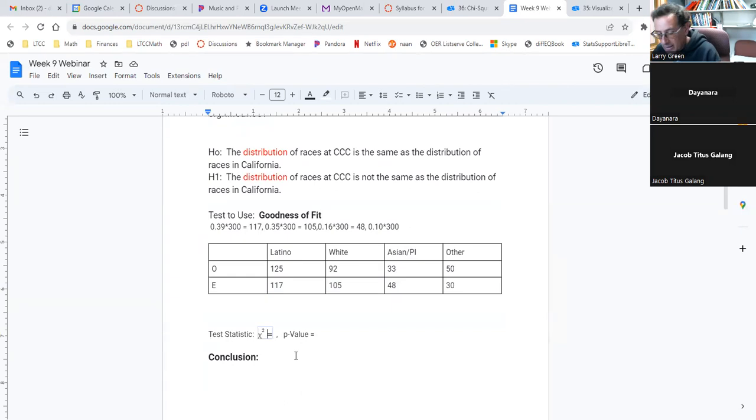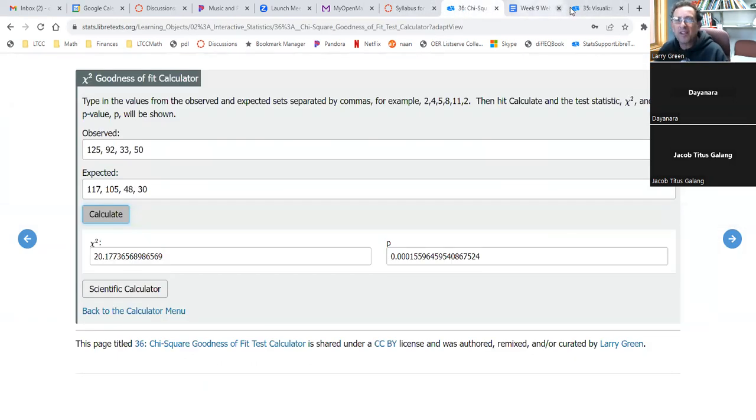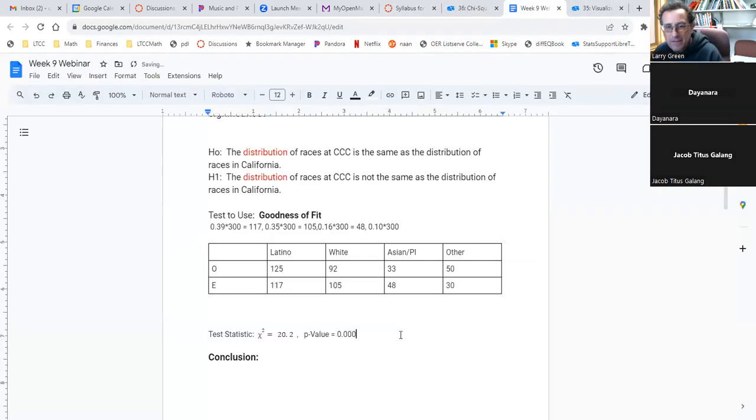So the chi-squared is 20.2, and the p-value is 0.00016. I think I'll make that a little bigger so you can see it better. Any questions at all on finding chi-squared and finding the p-value?